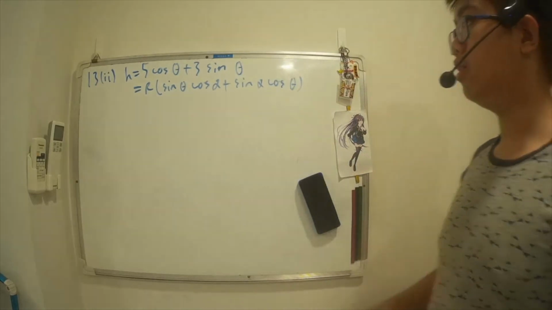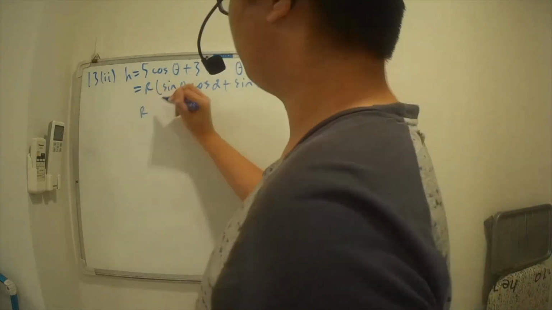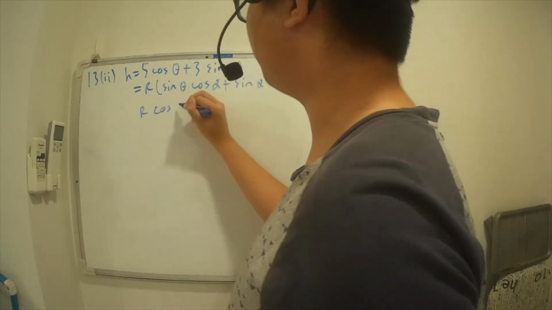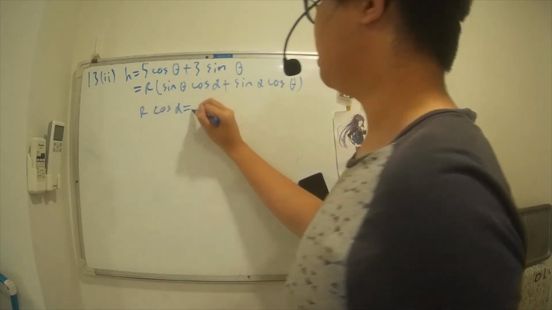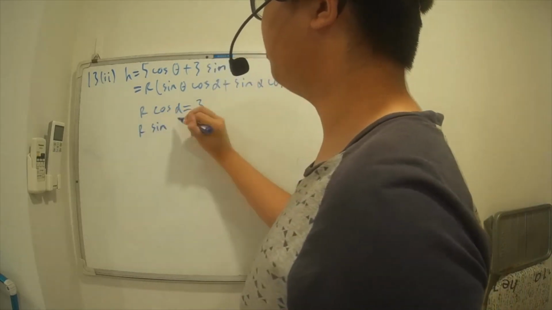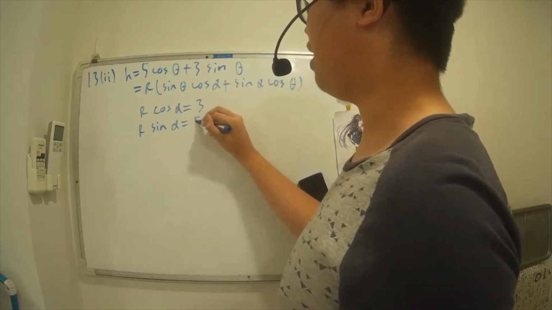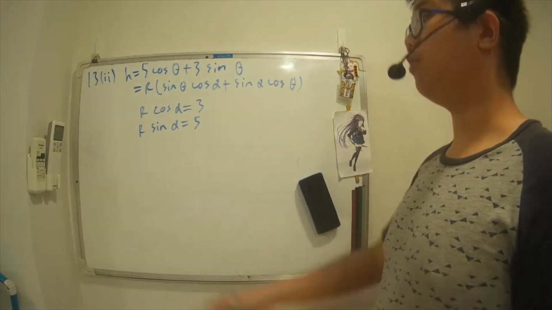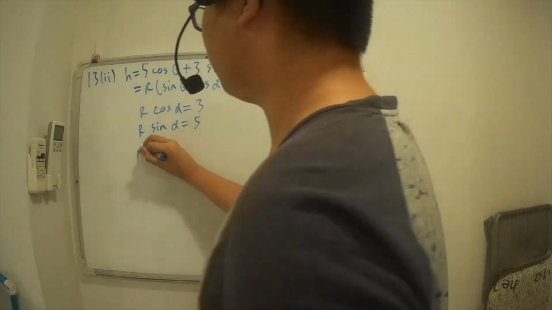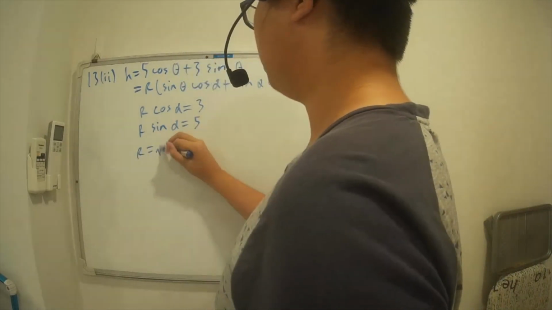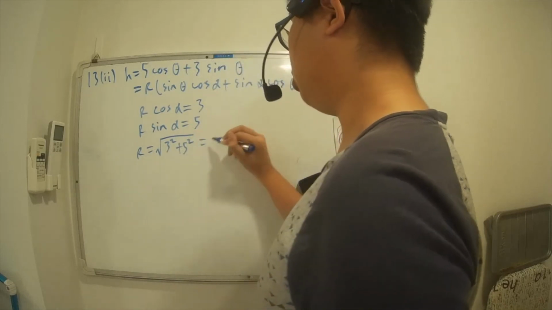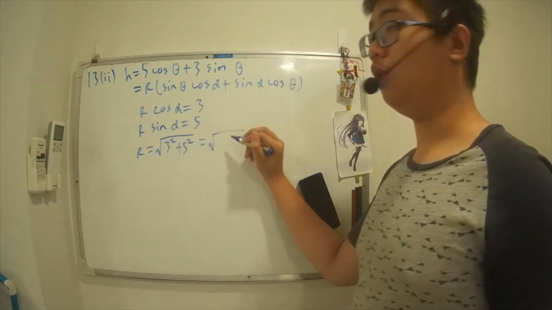Okay, so let's see. R cosine alpha is equal to 3. R sine alpha is equal to 5, right? So if we square both of these and put them together, we will get r squared, and then we will get r is equal to the square root of 3 squared plus 5 squared, which is just the square root of 34.